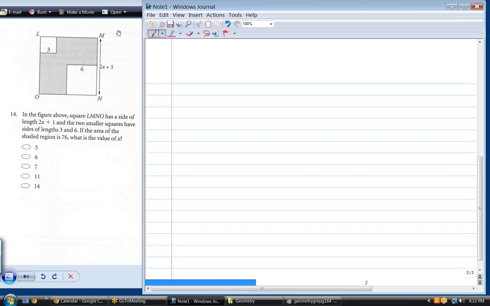All right. Well, let's see if we can come up with an equation that represents the area of the shaded region, and then we can probably solve for x. So, what's the area of the big square? 6 times... No, the area of the big square.